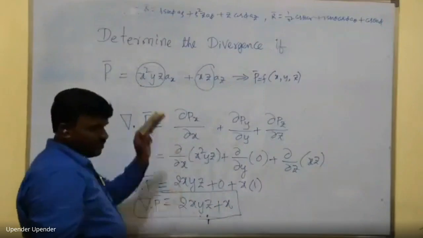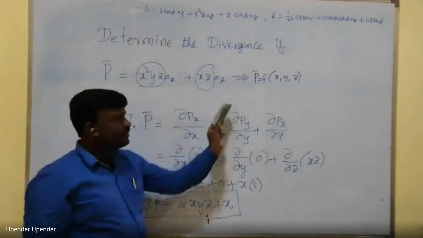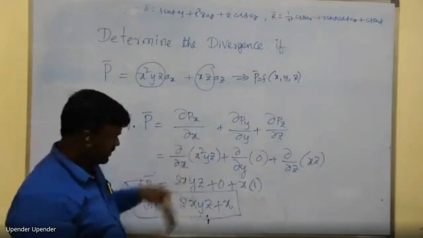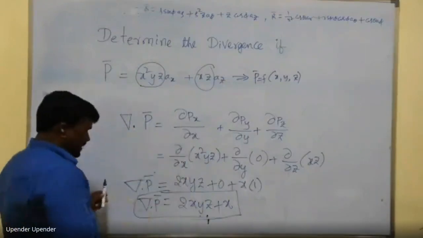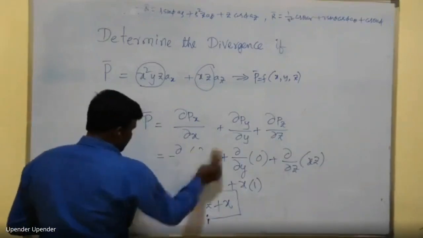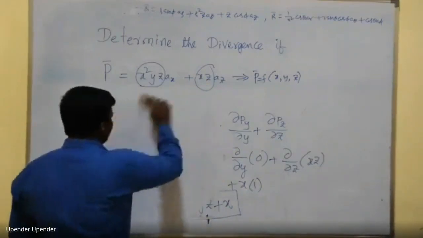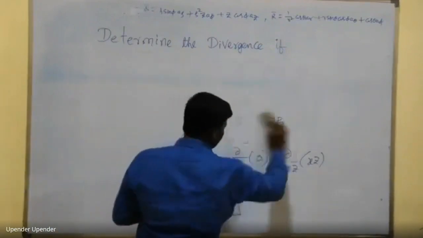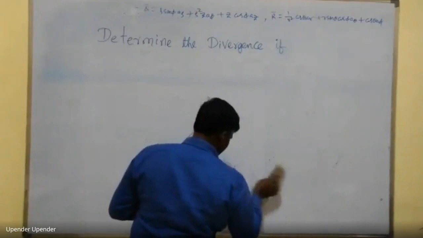That is dou by dou x of px plus dou by dou y of py plus dou by dou z of pz, like this. This is about the calculation of the divergence of the given vector when the vector is in terms of x, y, z, means a given vector is in Cartesian coordinate system.